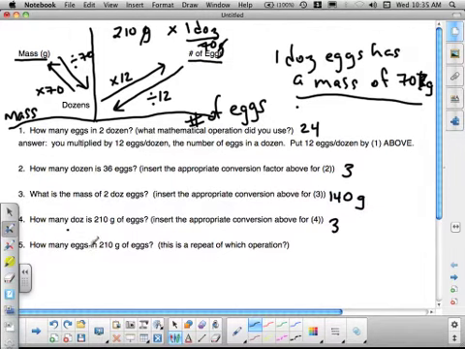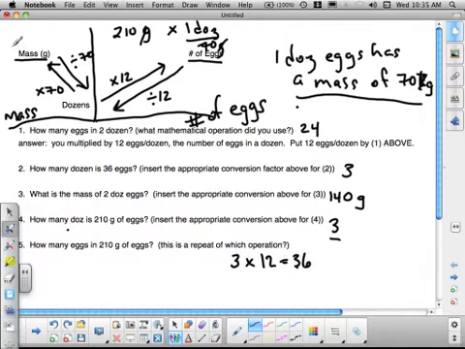Now the next question is, how many eggs is in 210 grams of eggs? Now you can go back here, do that same operation you did in number 4, and then you're going to multiply by 12 to get that answer. But you've already got the answer to number 4. It's 3. So 3 times 12 is 36.